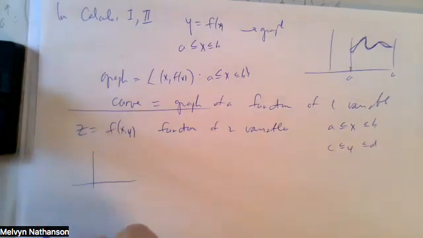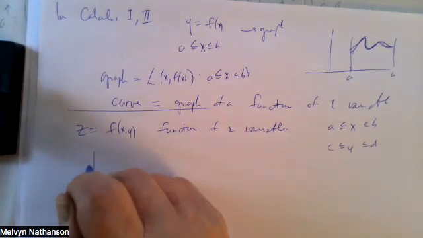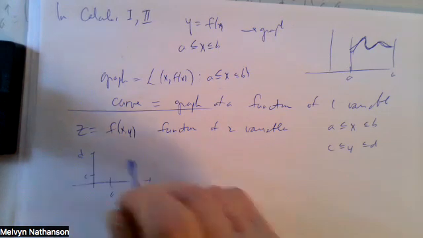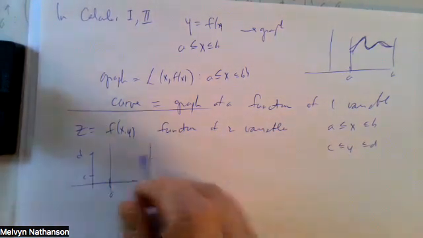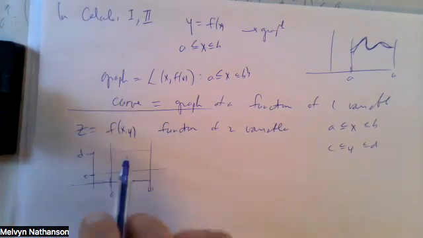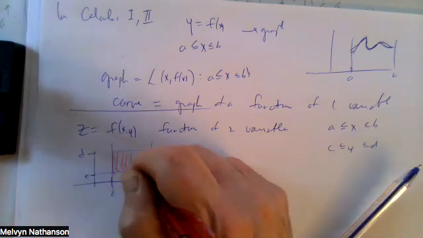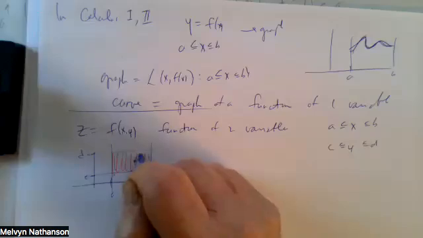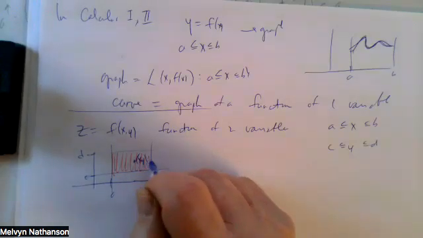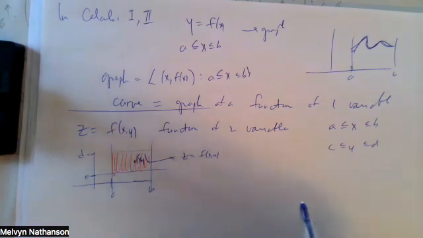So if this is a, b, c, d, the set of points where x is between a and b and y is between c and d are the points in this rectangle. And for any point xy in this rectangle, we assign a number z equal f of xy.